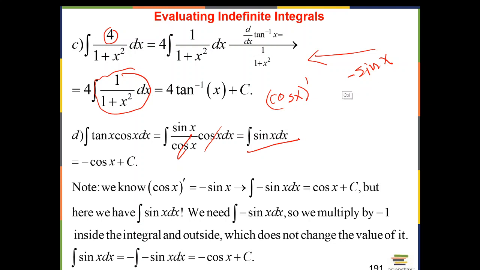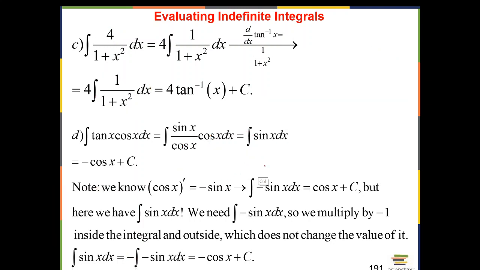So the antiderivative of negative sine is going to be cosine. But we don't have negative sine, so we put a negative here and put a negative here again. Same trick, right? And we get the answer: negative cosine plus c. And I explained here why we did that. You can stop the video and look at it.